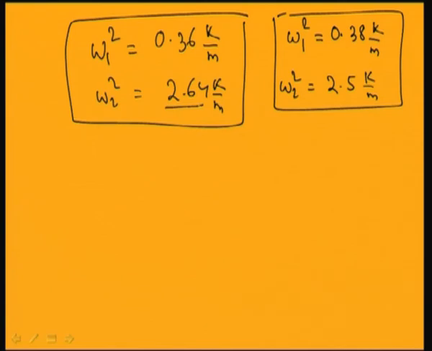In the first mode, 0.36 minus 0.38 is 0.02, divided by 0.38, which is similar. You can see the error is only in the second decimal place. In this way you can find the fundamental frequency of the system by using this Rayleigh method.